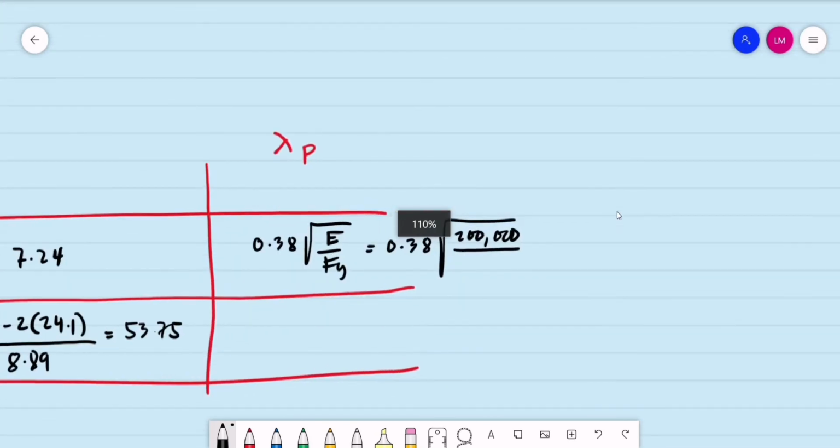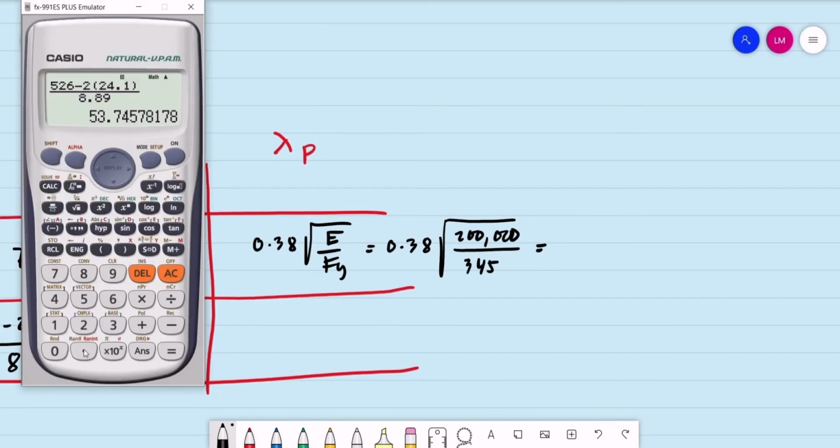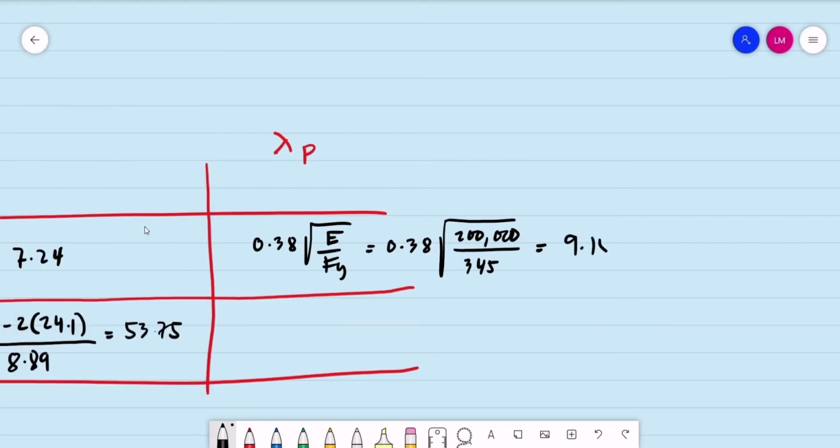So this is to be divided by 345. We have 0.38 times the square root of 200,000 divided by 345, which is equal to 9.15.